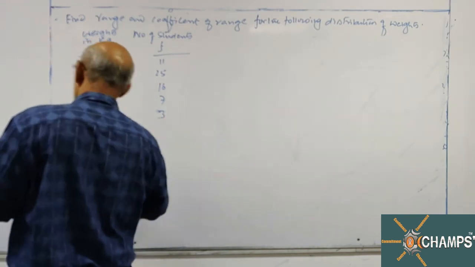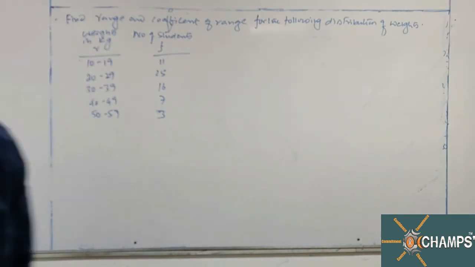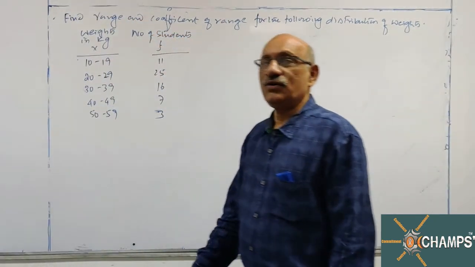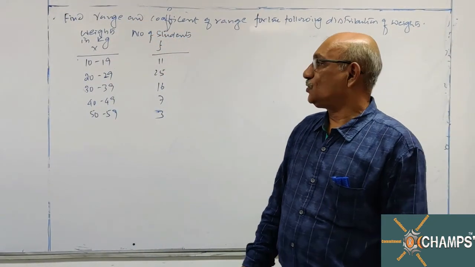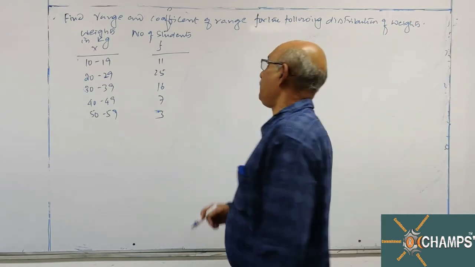This is it. Okay. Now once again, it is a continuous series of inclusive type. So it should be converted into exclusive type.